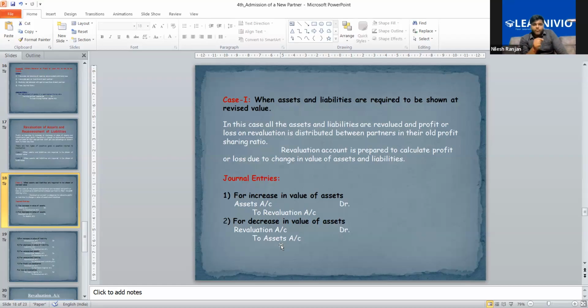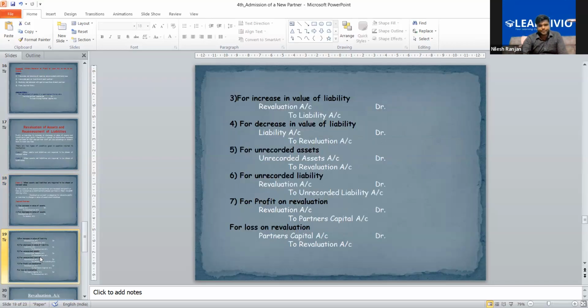If profit is happening, then revaluation will be on the credit side in journal entry. If loss is happening, then revaluation will be on the debit side. So for increase in value of asset, it means profit, so assets account debit to revaluation. For decrease in value of assets, it means loss, so revaluation is on the debit side. So these are the entries.